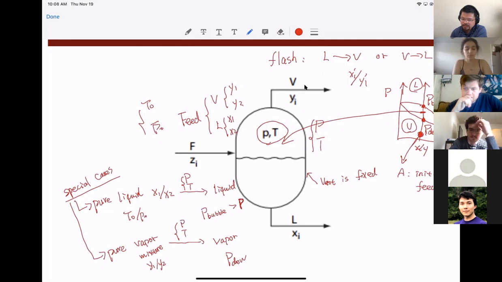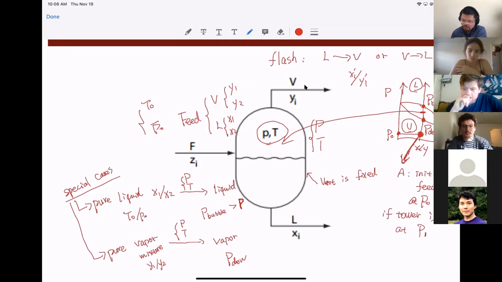This is A. Then if I change the temperature, or here changing the pressure, apparently you can see this is P naught for the initial feed at P naught. If the tower is at P1, say this is P1.